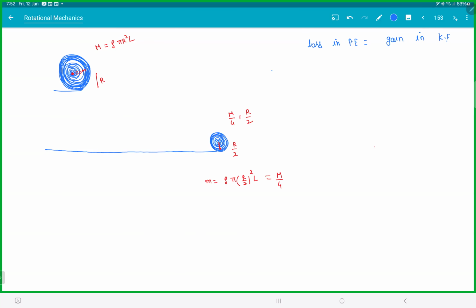So loss in potential energy: initially you have mgr, now the potential energy is m by 4 g r by 2, isn't it? Mass has changed, radius has changed.